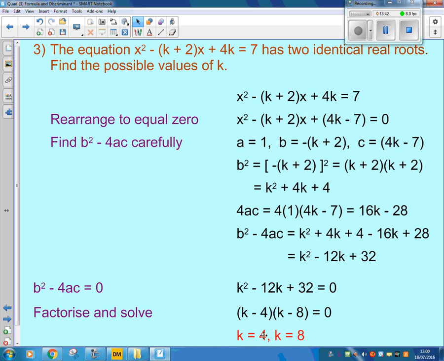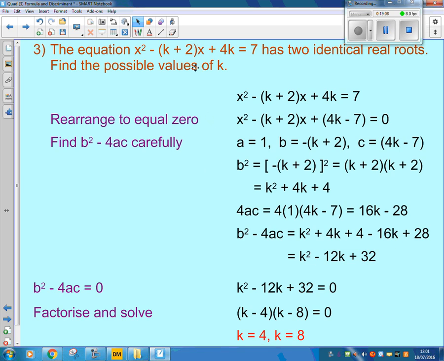If you wanted to, if we put k as 4 in here, you would get x squared minus 6x plus 16 equals 7. And you could try rearranging it and solving it, and you would find it had only one solution.